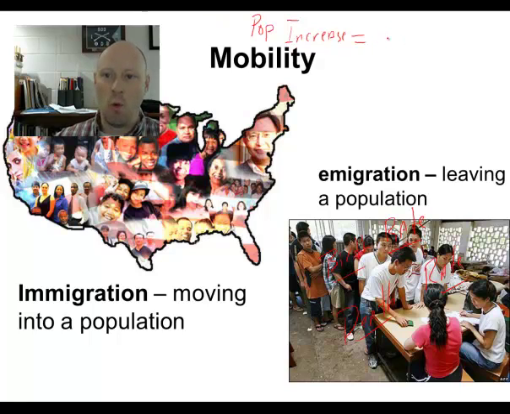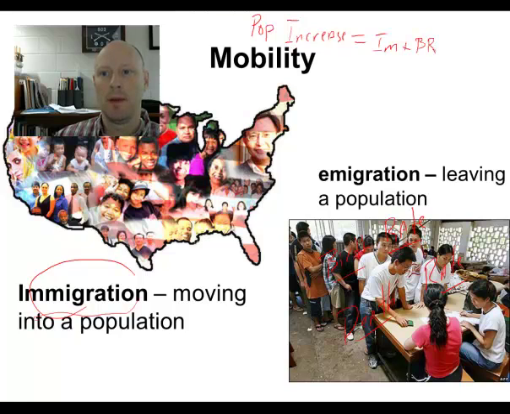What are two things that can cause an increase? Let's look first at people moving into an area, immigration. If you'll allow me to just use IM for immigration, I take my immigration and add to it my birth rate, because that's going to increase a population. My birth rate, let's put BR, is that all right?